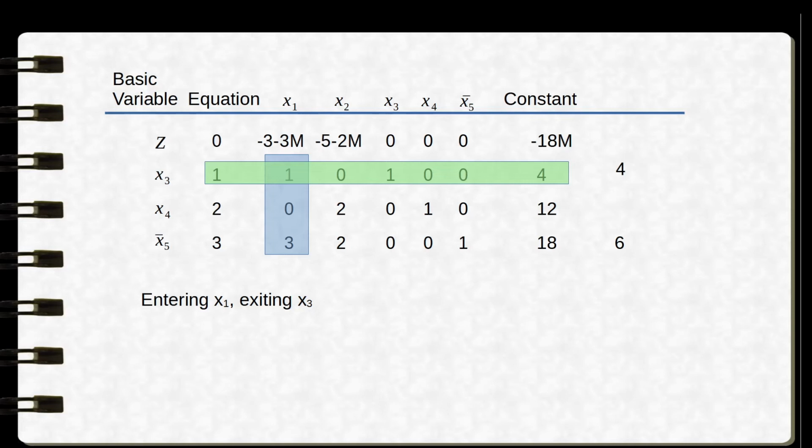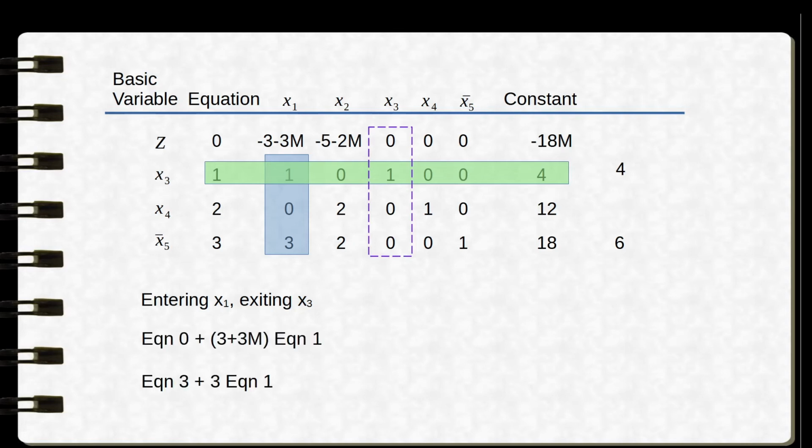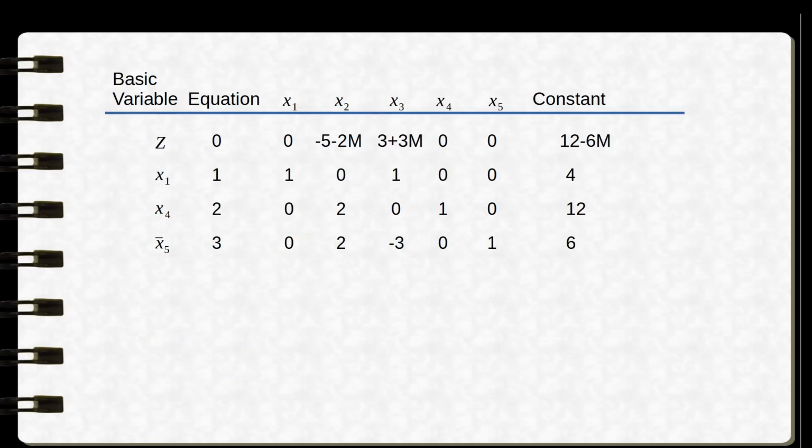Now we perform row operations to ensure that the coefficients of x3 in this table get transformed into coefficients of x1. So there we are. After doing those row operations, we have found that the coefficients of x1 now are those of x3 in the previous table.